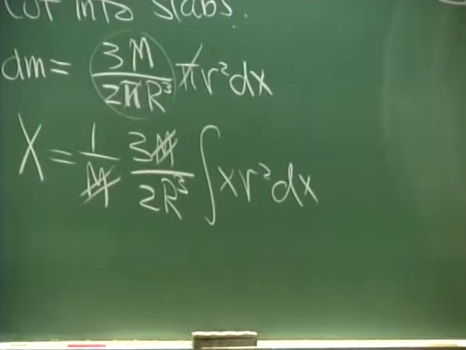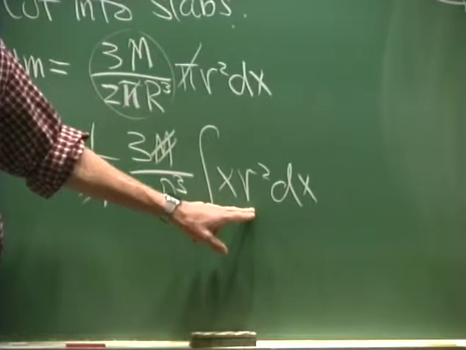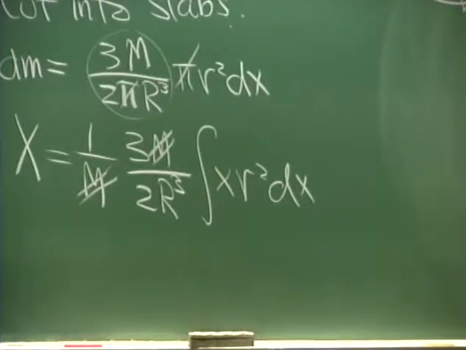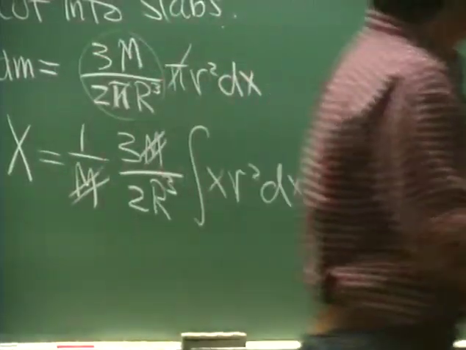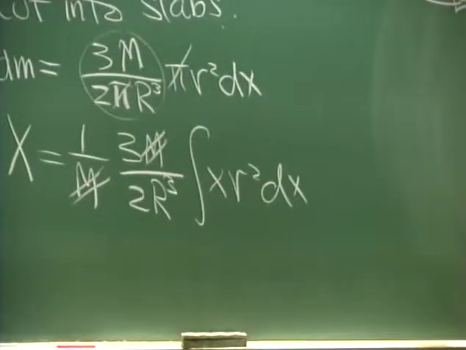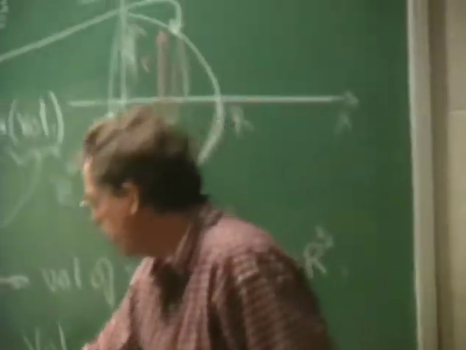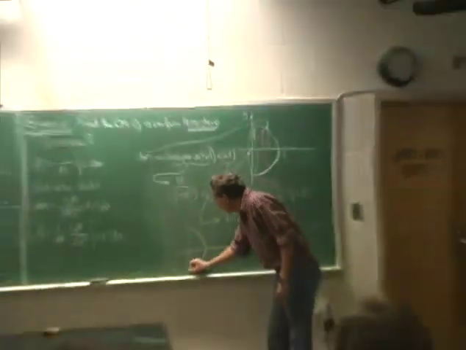And now I'm stuck. How do I do the integral of x times r squared dx? I've got two different variables under the integral sign. I've got to substitute r squared in favor of x. How is r related to x here? Maybe I better draw this diagram in profile. Here's the circle.